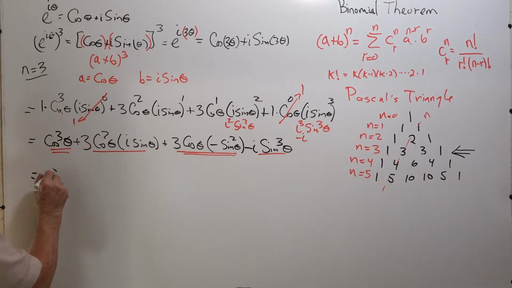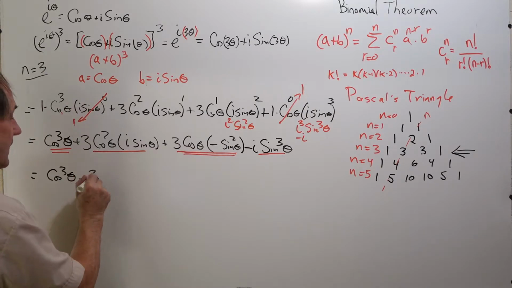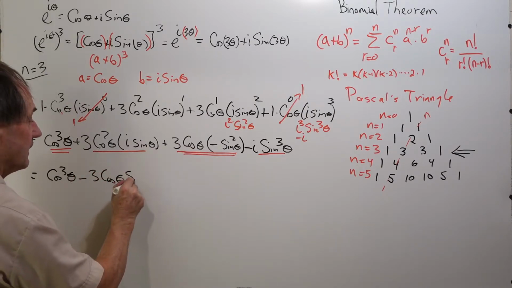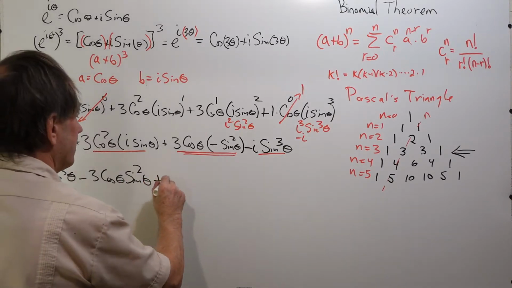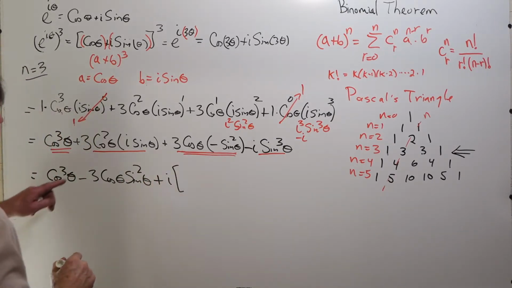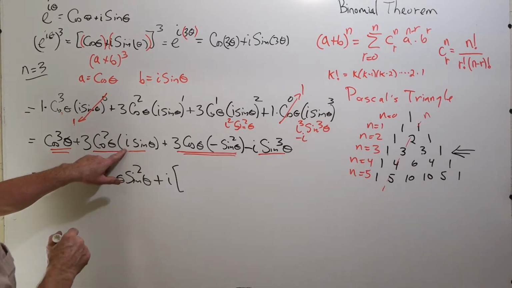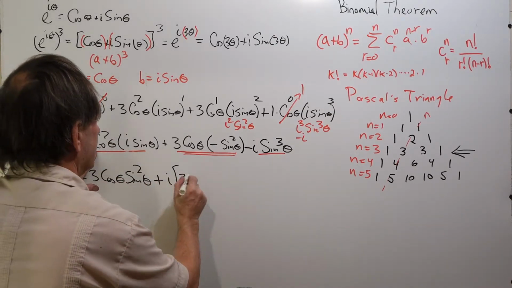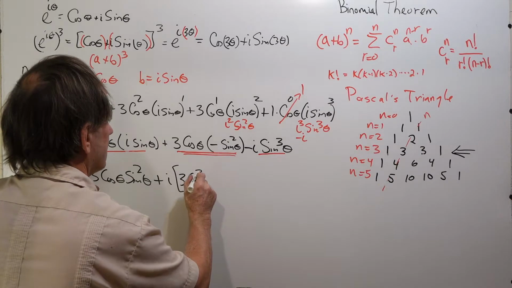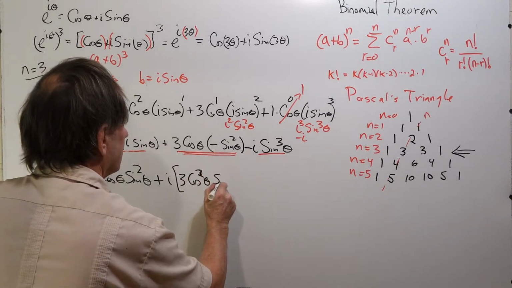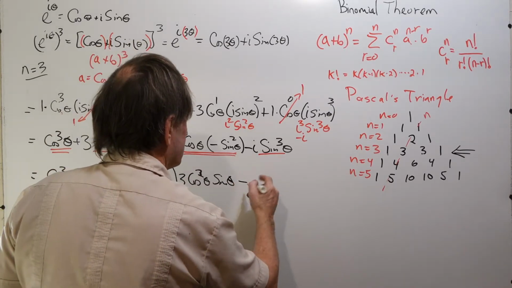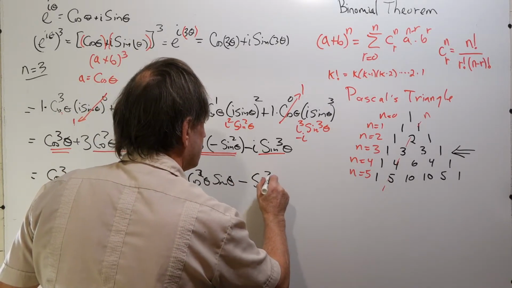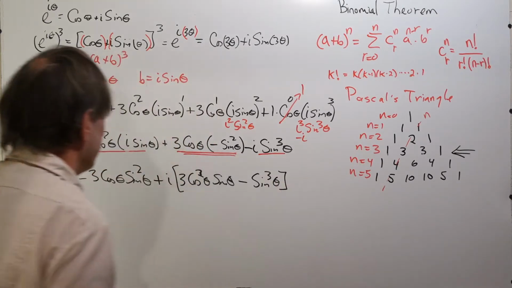So this is now equal to the cosine cubed of theta minus 3 times the cosine of theta times the sine squared theta, plus i times, we have one i here, so 3 times the cosine squared of theta sine of theta, and then minus sine cubed theta.